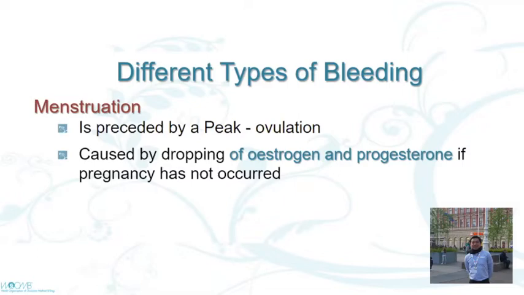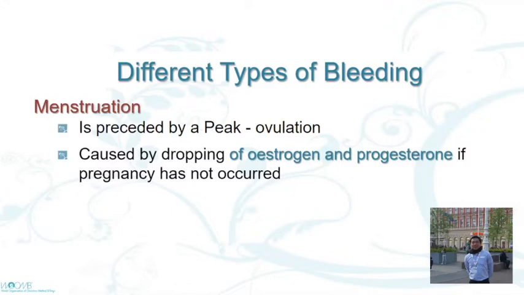So it's written here, menstruation is preceded by a peak. There is an ovulation. So take note, menstruation will only commence if there is a successful ovulation. But how will you be able to identify if there is an ovulation? Mucus develops from a sticky sensation ending with a slippery sensation.